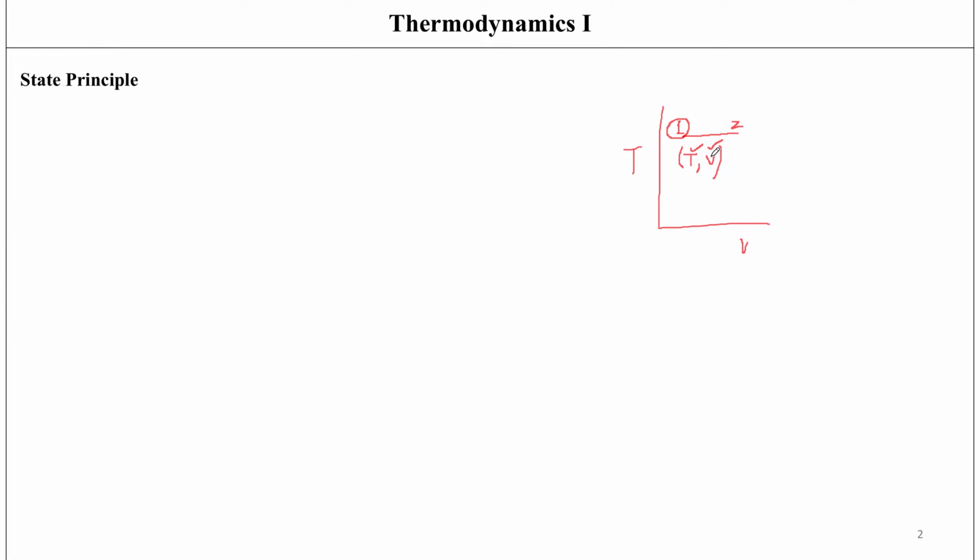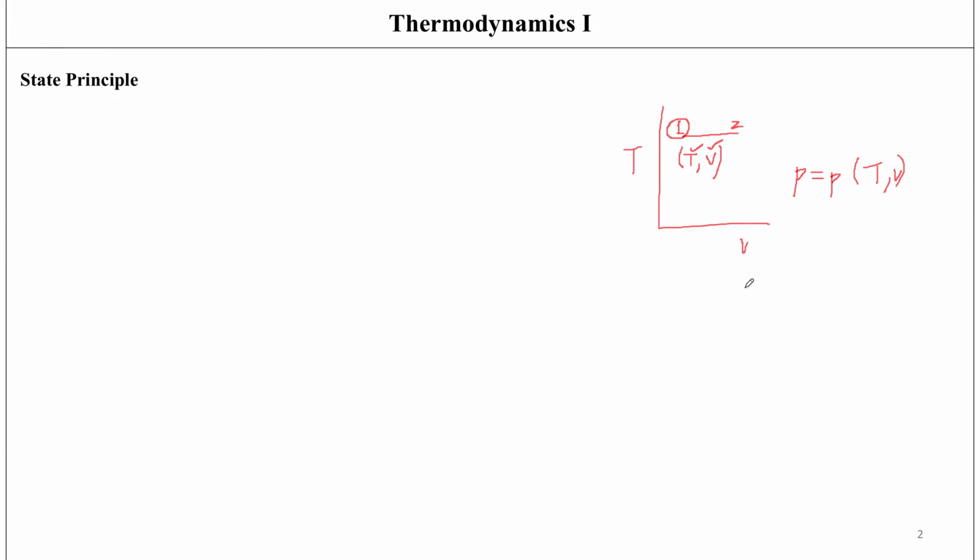And what we're saying is that the state principle says that all the other kinds of properties, like, let's say, pressure, or specific internal energy, or any other intensive properties, can all be determined as a function of temperature and specific volume. So if I had to find out pressure, it would be a function of temperature and specific volume.